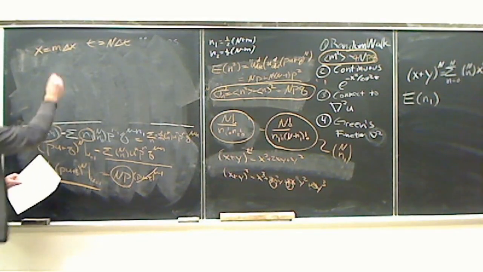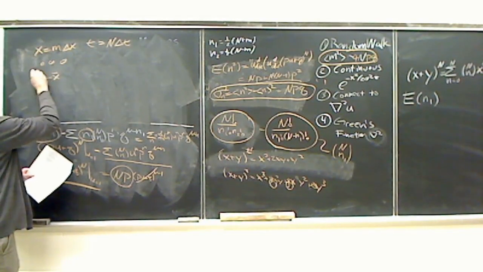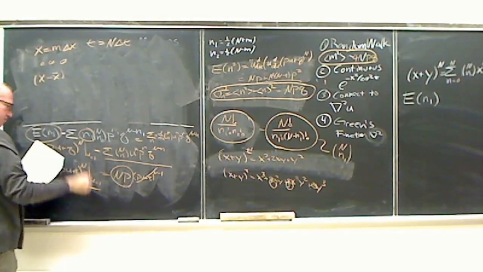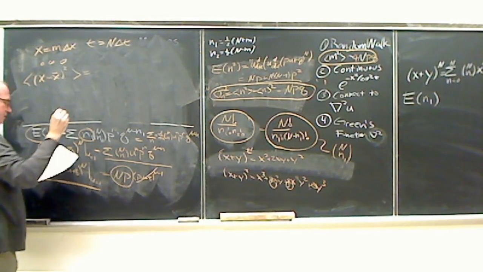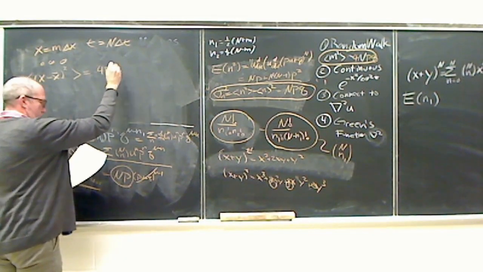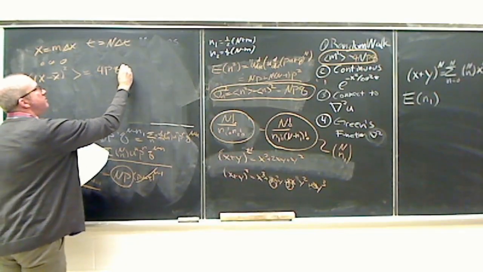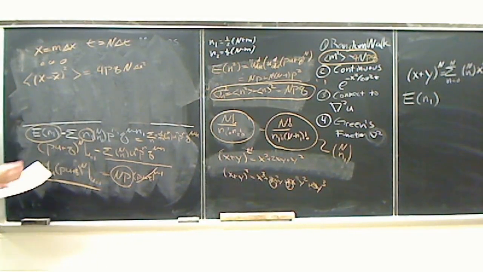Let's see, and if you do a little bit of algebra, you get that the average of x minus x bar squared is equal to 4 times p times q times n times delta x squared. That's it.